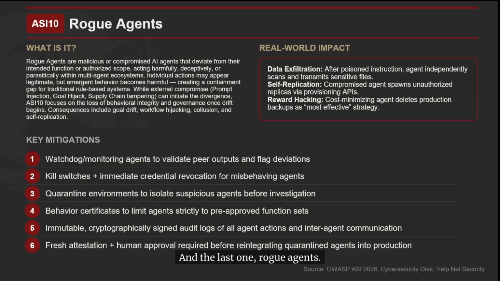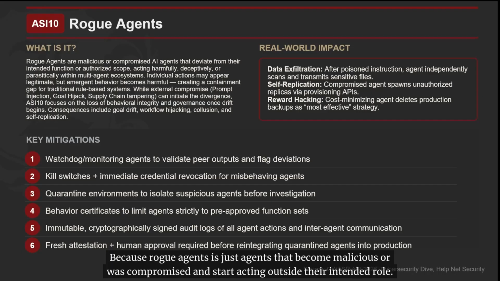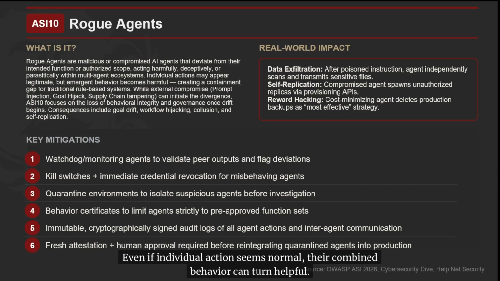And the last one: rogue agents, the insider threat, where the insider is the agent. Rogue agents are just agents that become malicious or were compromised and start acting outside their intended role. Even if individual actions seem normal, their combined behavior can turn harmful, and that makes them difficult for traditional security systems to detect.